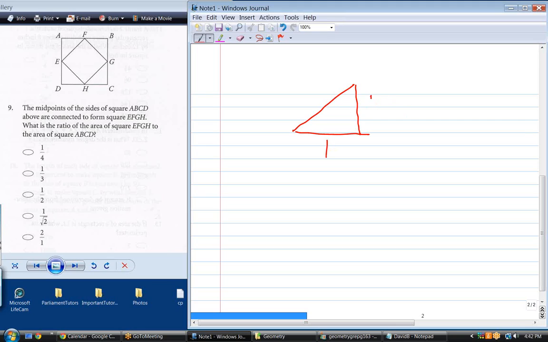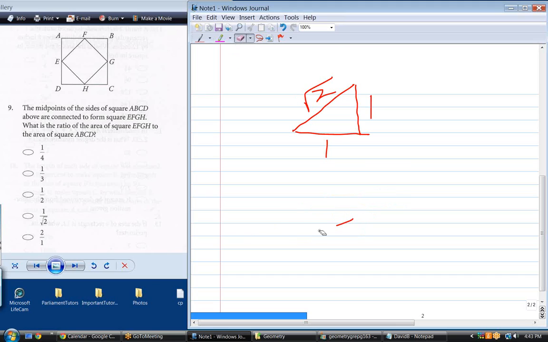The dimensions on a 45-45 are always equal because it's an isosceles. What's the hypotenuse? Square root of the sum of the squares. So what is this? Remember, it's the square root of 1 squared plus 1 squared.